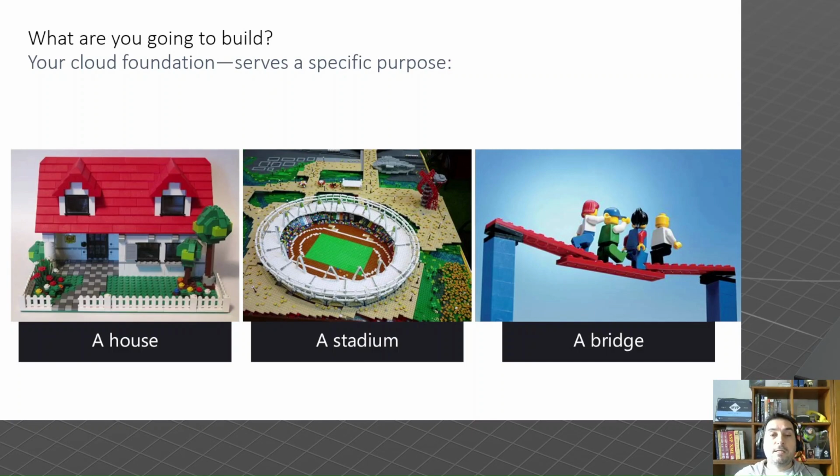Ultimately, the final solution might look like a house, like a building, like a yard, park, bridge, whatever, but still, based on a specific purpose it serves, it will have a specific functionality embedded, but it has specific foundation that we need to consider.